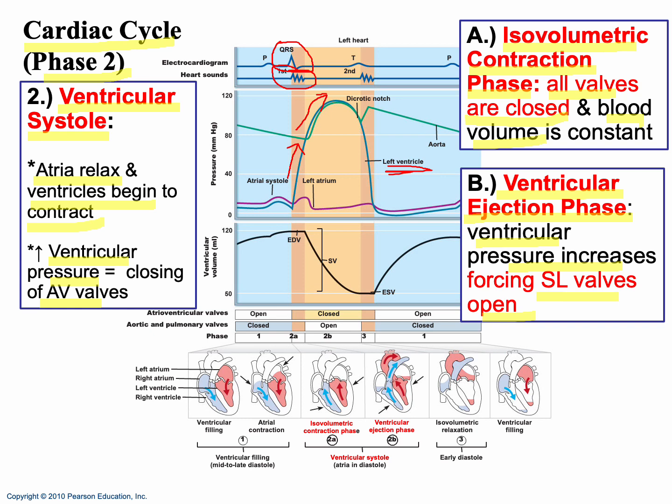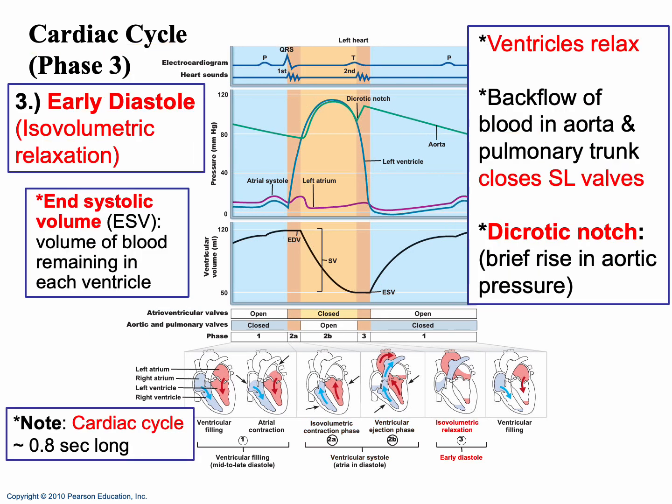And with the semilunar valves opening, eventually you're going to have that blood supply in the ventricles leaving and going into your pulmonary trunk and ultimately going into your aorta. So this gets us into phase 3 of the cardiac cycle, which we're taking a look at next.